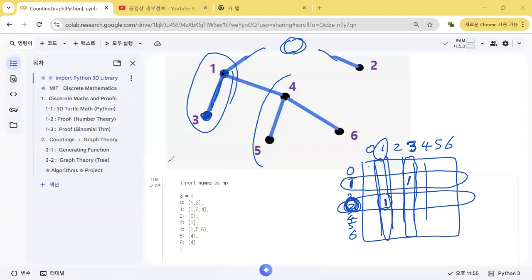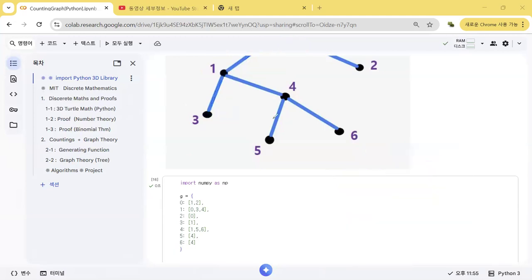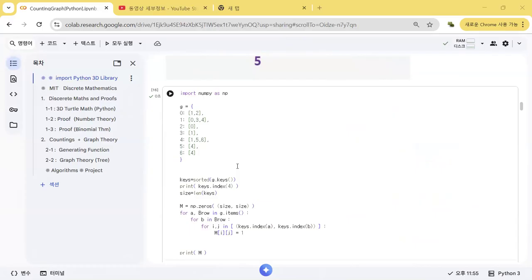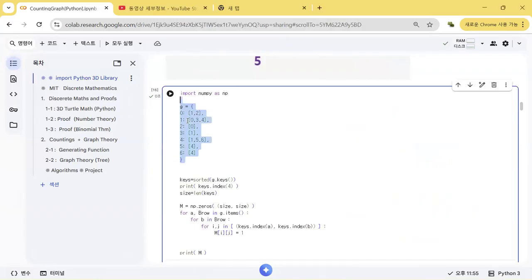Okay. So whenever you have a graph, the Python dictionary representation can be used, but also the matrix representation can be used. Okay. Then, if you are given this kind of dictionary representation, how can you convert this one into a matrix representation?